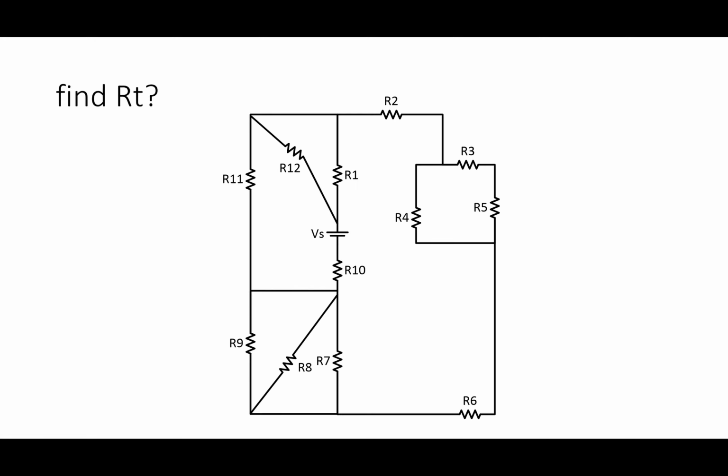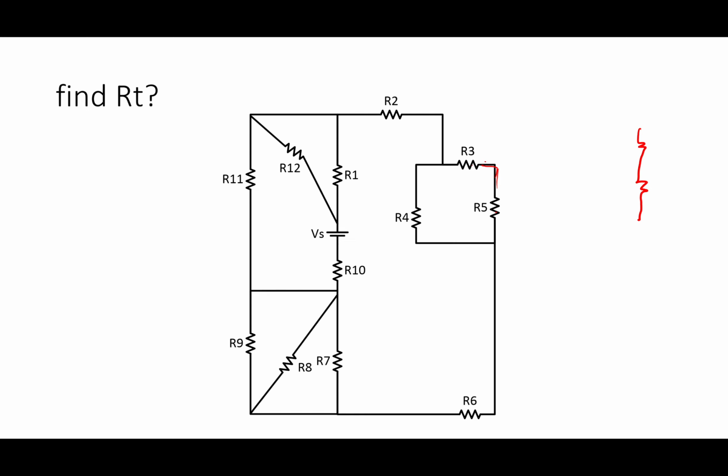I want to look at a more difficult circuit to solve, so I will look at this circuit, and I will do the same thing. I'll start by labeling the nodes. If you look at R3 and R5, you will notice they are in series because they are like a string, like our model in the previous slides.